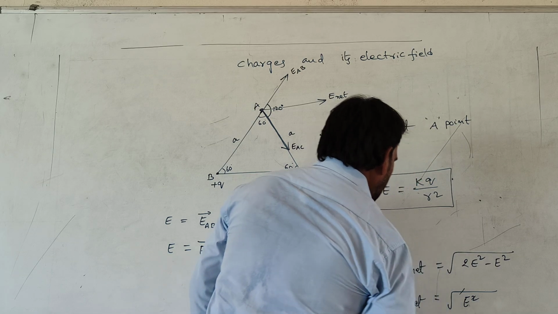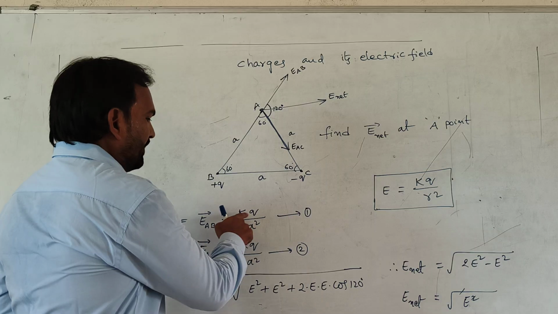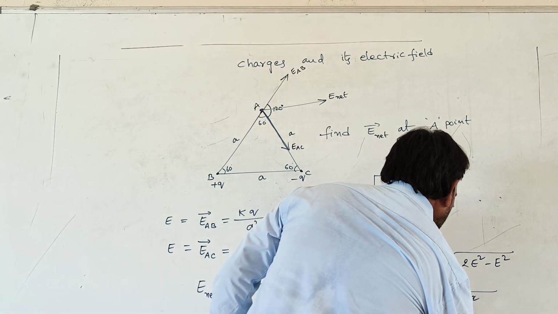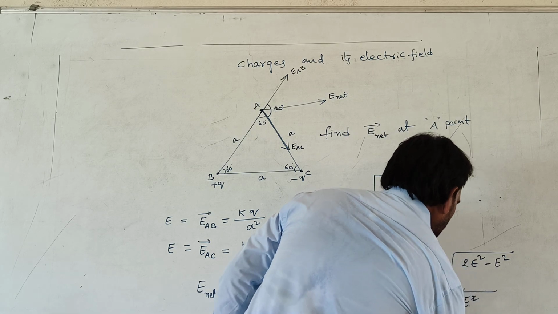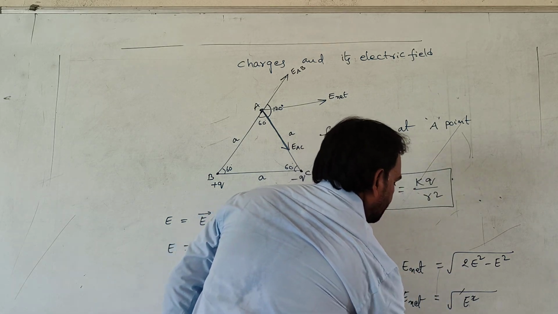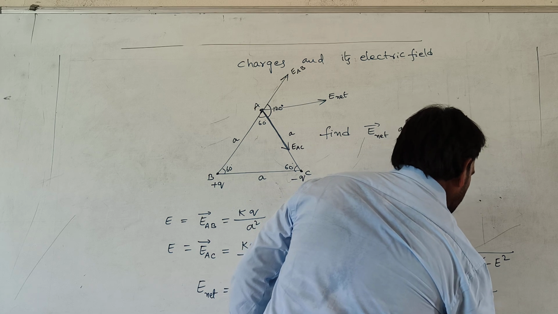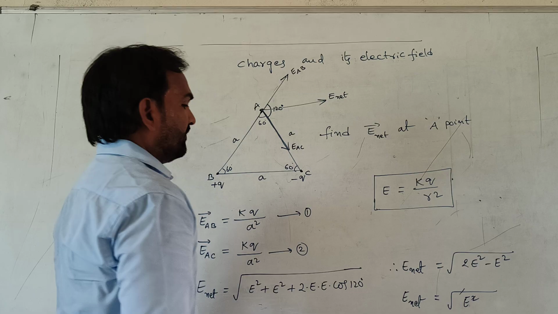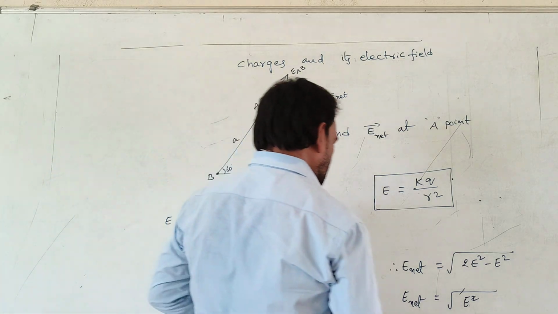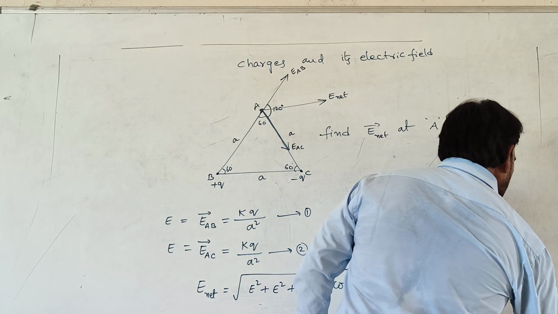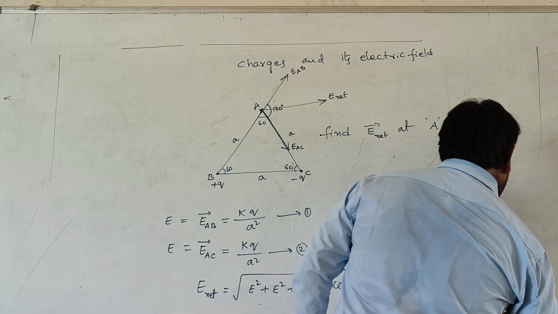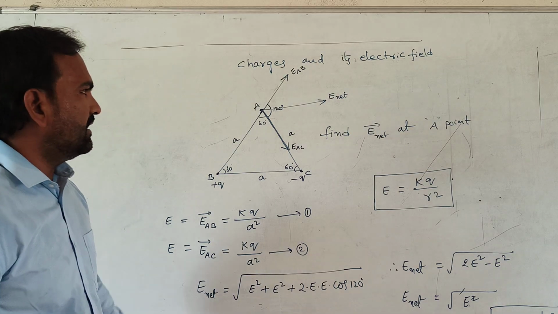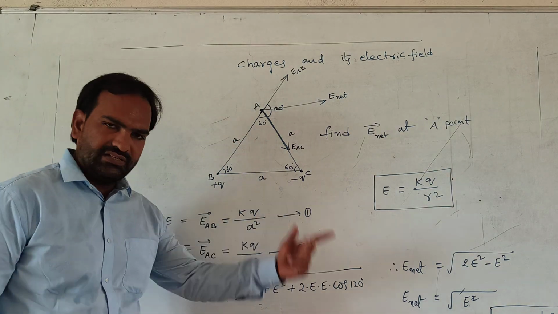What is the E value? E is KQ by a square, so E net is equal to KQ by a square. This is the net electric field at point A due to these two charges.